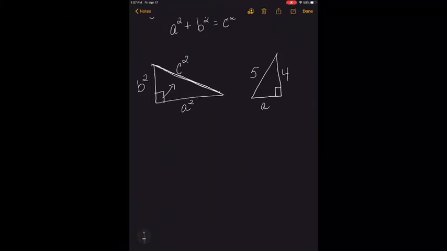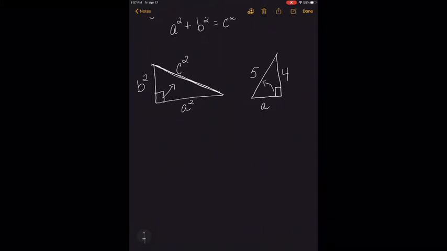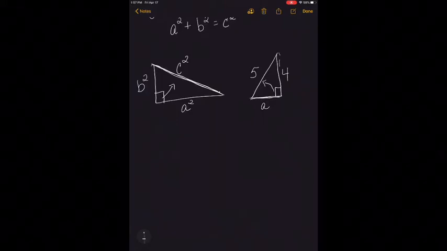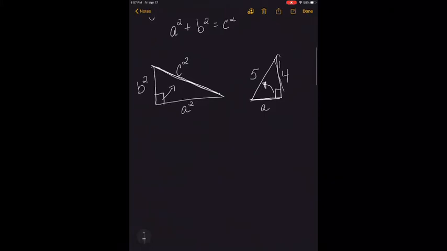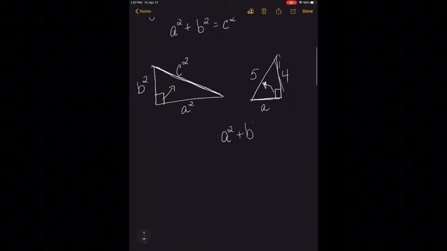This side is 4, this side is 5, and this side is A. All right, so which side is our hypotenuse? It's always the longest side, obviously, because these two squares have to add up to be the hypotenuse's square. So we have C.